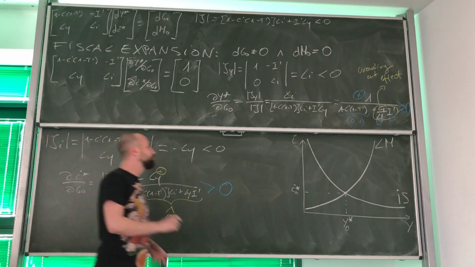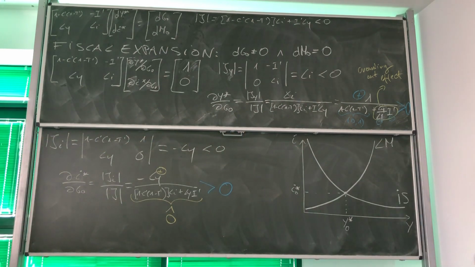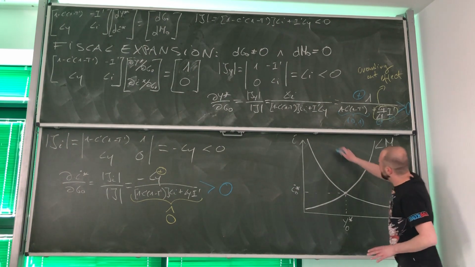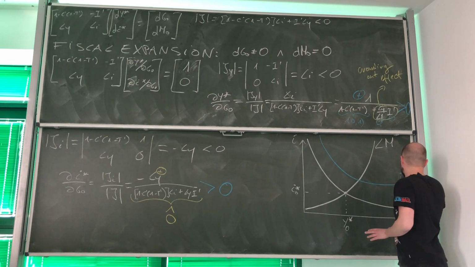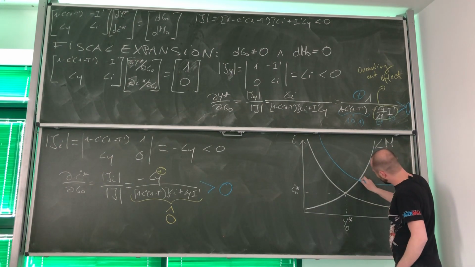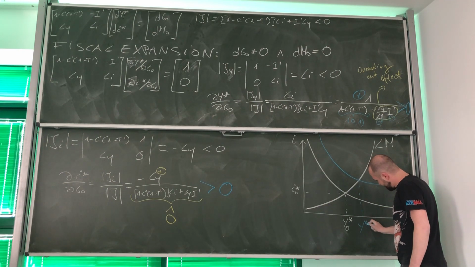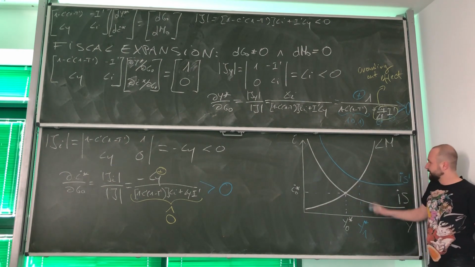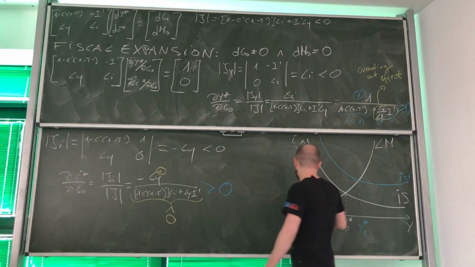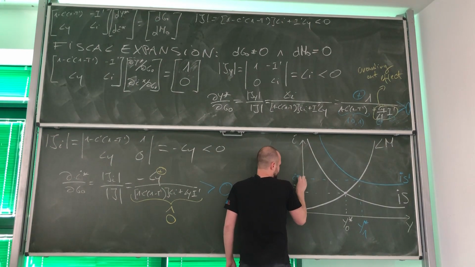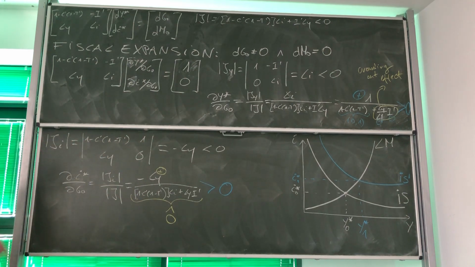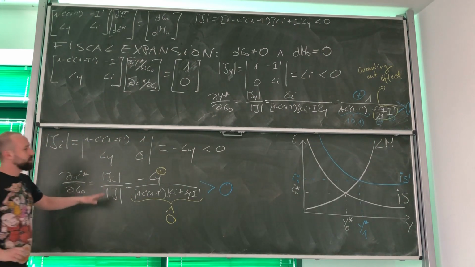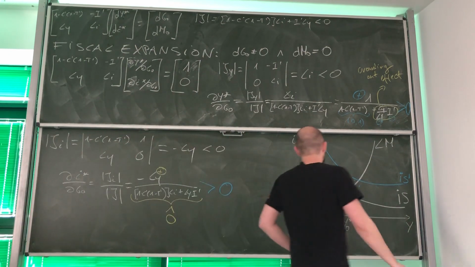Look, we learn that regardless of the general form of the IS curve, within this model, an increase in government spending is associated with a higher equilibrium level of income and a higher equilibrium level of interest rate. And look, this actually connects all the channels that we had before.